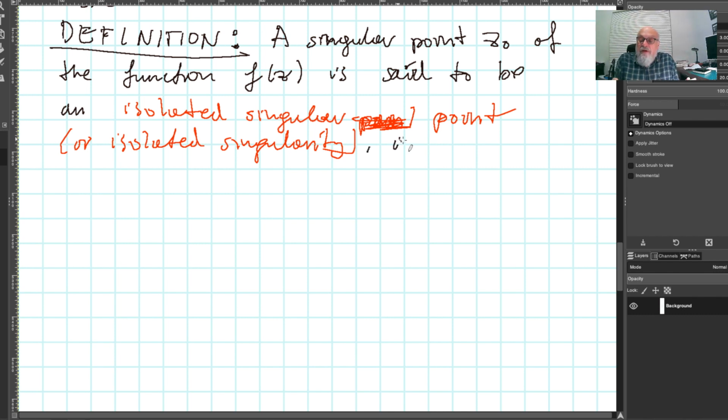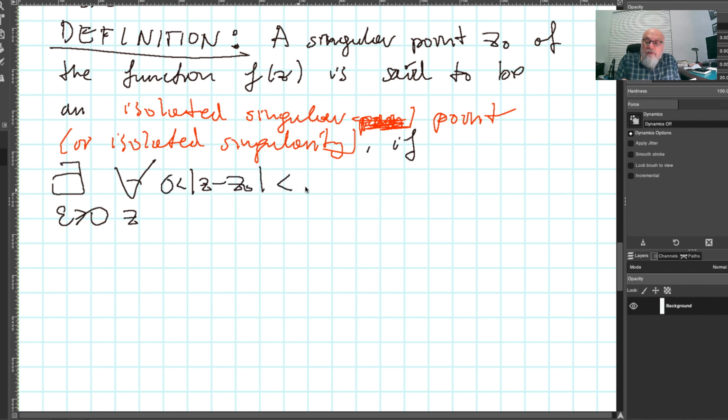That means there exists an epsilon larger than 0, such that for every z, if z is different from z0 and the distance is smaller than epsilon, then f prime of z exists.